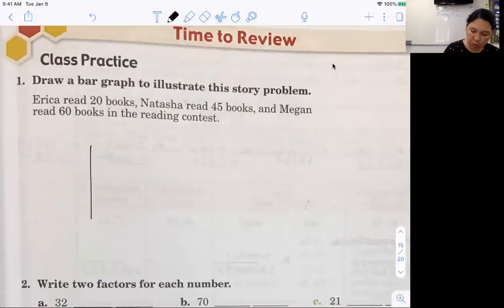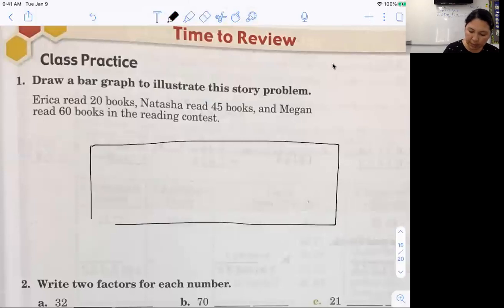So let's draw a big rectangle, leaving space on the sides to write our labels and our title and our scale. Okay, I'm going to title this Books Read.